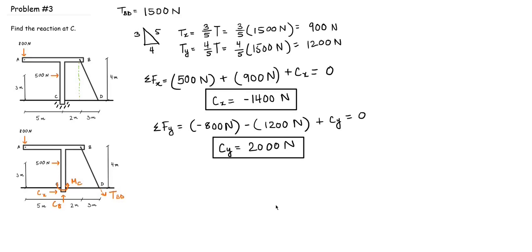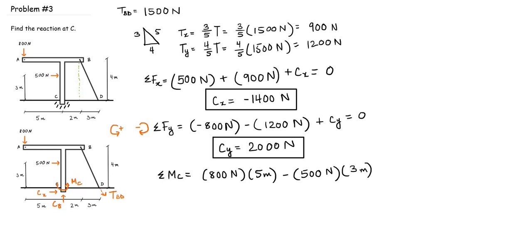Finally, we can take the moment about C. So the sum of the moment about C is equal to the force 800 newtons times the perpendicular distance of 5 meters, and this would result in a positive moment. Next, we can multiply the 500 newton force times the perpendicular distance of 3 meters, and this results in a negative moment.